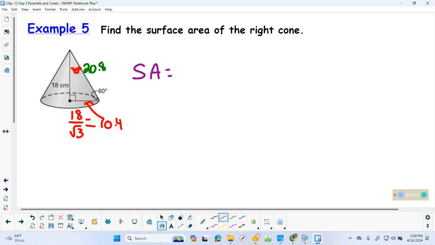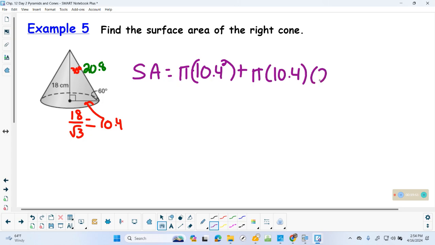Let's do it. So, pi r squared. What number is the radius? Lena's right, 10.4. Plus pi times that radius again, times the slant height. What number is the slant height? 20.8, I heard it. All right, type it in for your final answer.